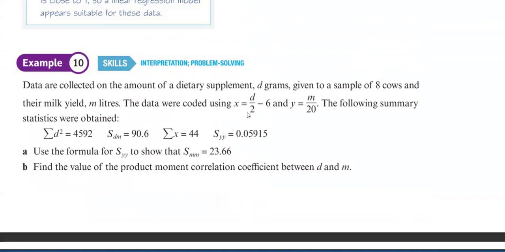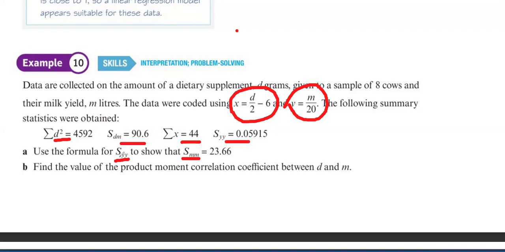Example 10 is different from other examples because it uses codings. Normally, you have to find normal values first using the data. In this case, all data are mixed. Using the formula, you can find Syy and Smm first.